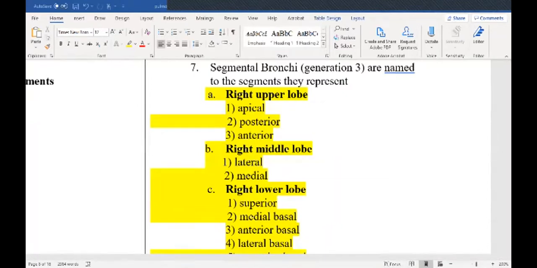So first, let's look at the right upper lobe. We already said that the right upper lobe has 3 segments, the apical, posterior, and anterior segments. The right middle lobe has 2 segments, the lateral segment and the medial segment.